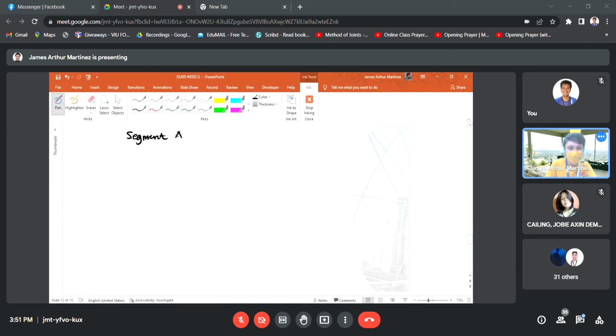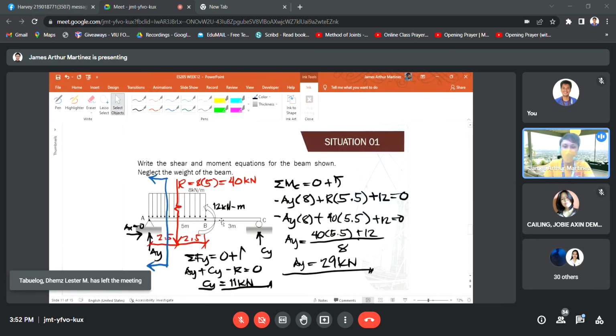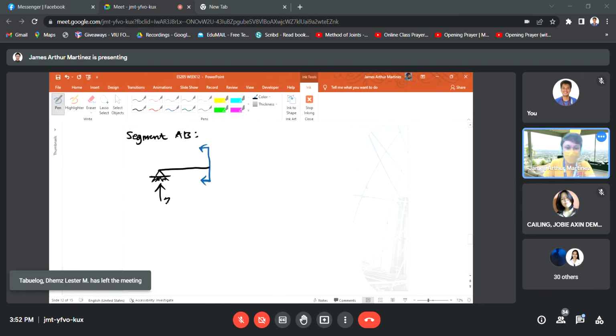So while you are doing your rule right now, di ba, we are to consider the left side part of our beam. So, sa left side nga part sa beam, ang atong makita is ang reaction at point A, which is Ay nga 29 kilonewton.